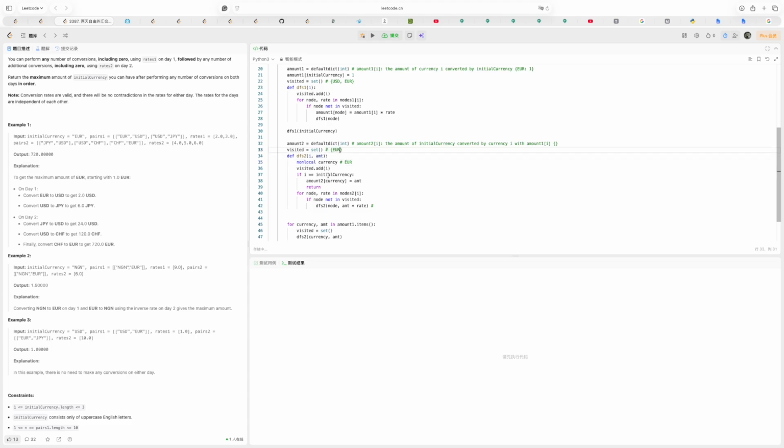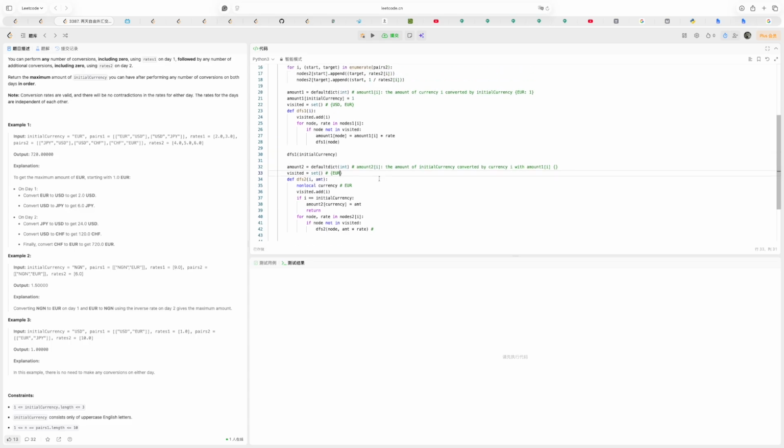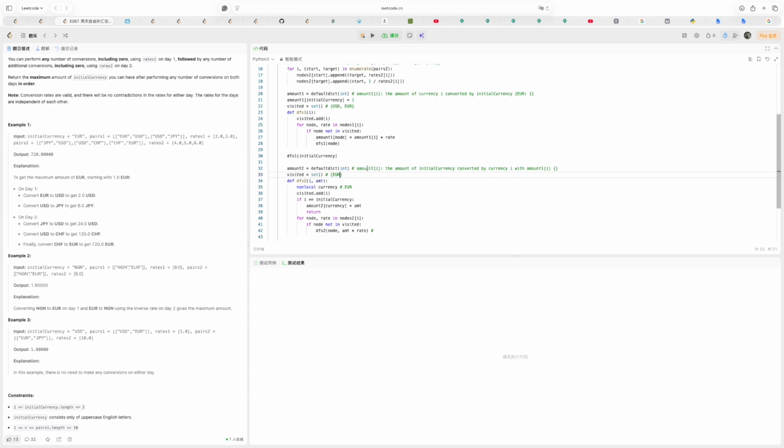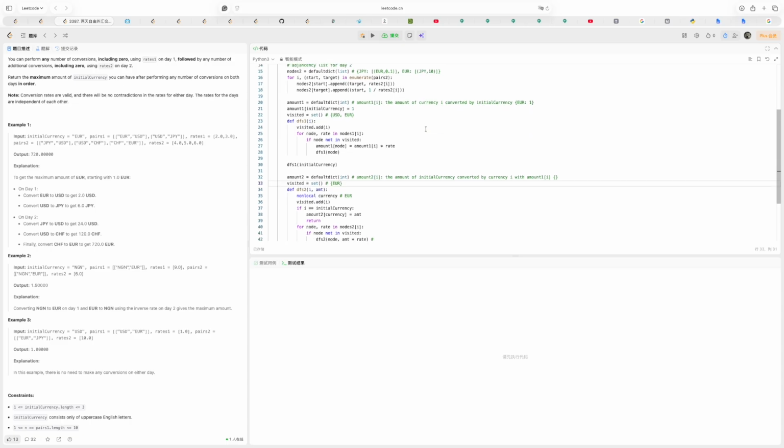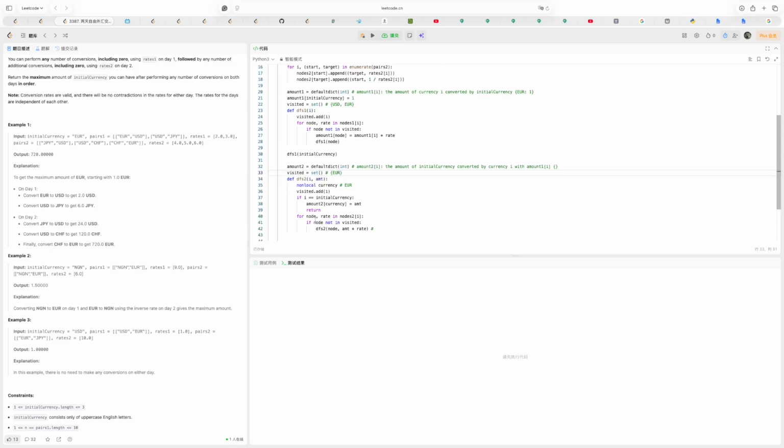It is not equal to the initial currency, since the initial currency is USD. For euros in the adjacency list for day 2, we have JPY. So we'll have JPY node.